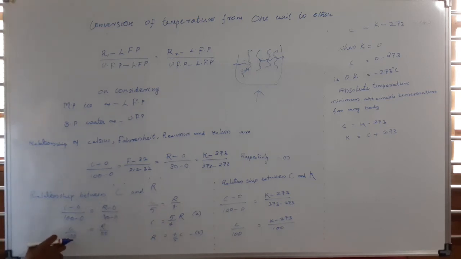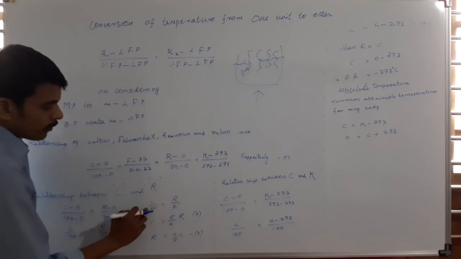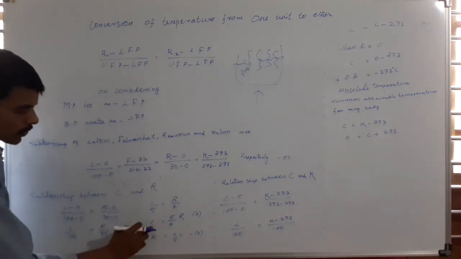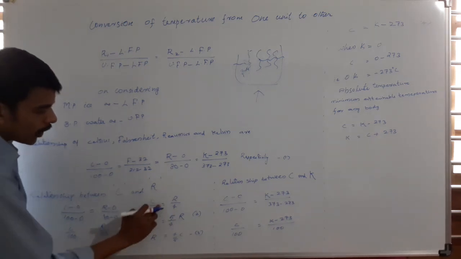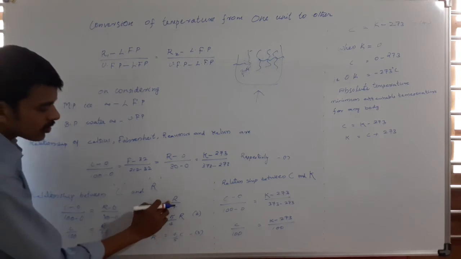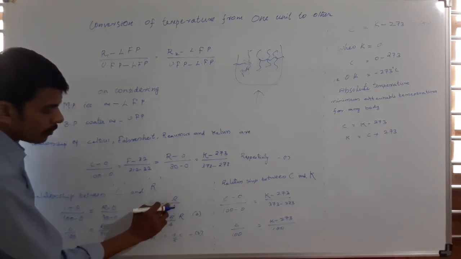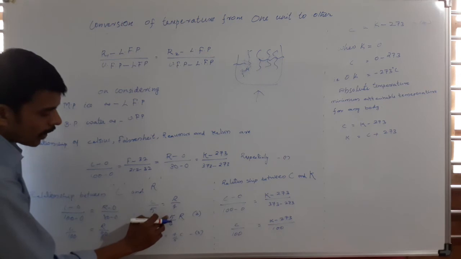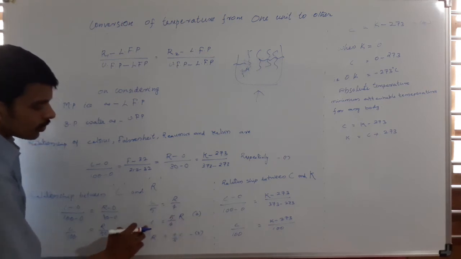Here we are writing 100 as 5 into 20, and here 80 as 4 into 20. So 20 gets cancelled. Now C by 5 is equal to R by 4, so C is equal to 5 by 4 R, with the 5 transposed.